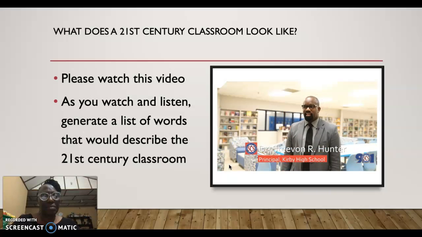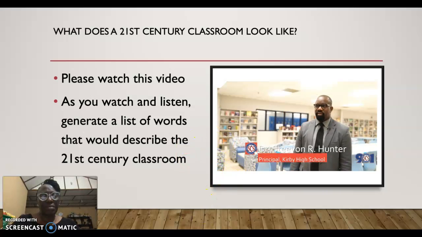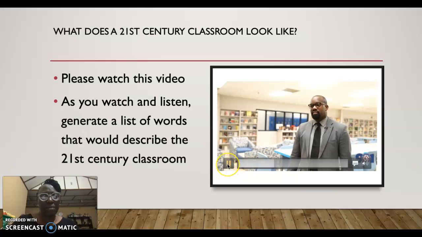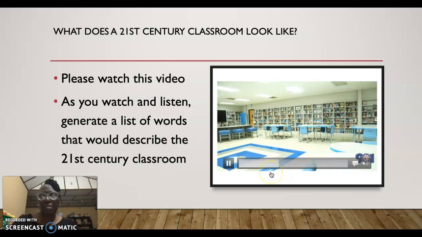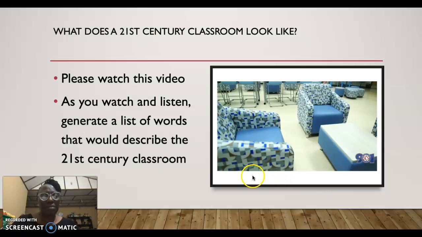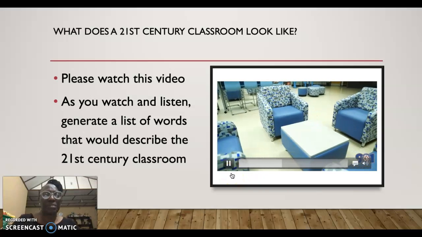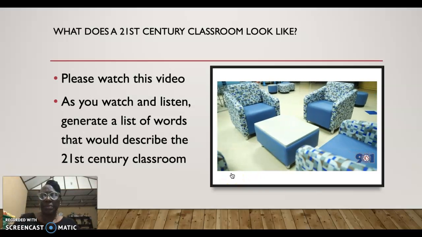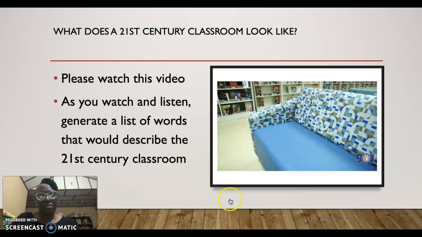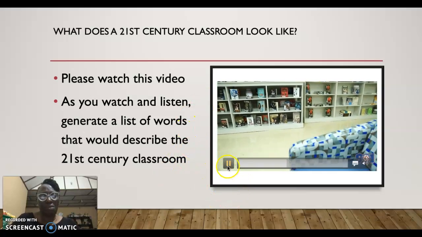So I'm so excited about the 21st century furniture that we have here at Kirby. The furniture and the technology itself has created a more welcoming, inviting, engaging space. The bright colors, and the furniture and how it's so flexible and how you can move it around when you work in groups or work singly, and just have time to yourself where you can reflect and work.